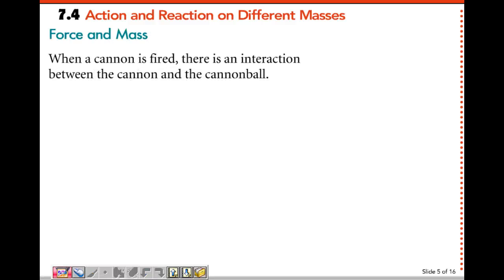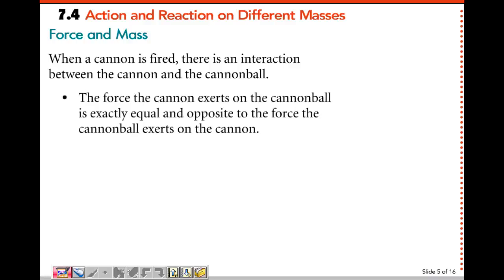Another good example to think about is when a cannon fires a cannonball. There's an interaction between the cannon and the cannonball, again an object A and an object B. The cannon exerts a force on the cannonball, and it's exactly equal and opposite to the force that the cannonball exerts back on the cannon.